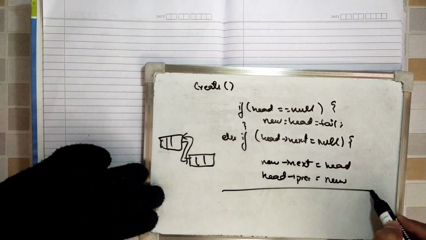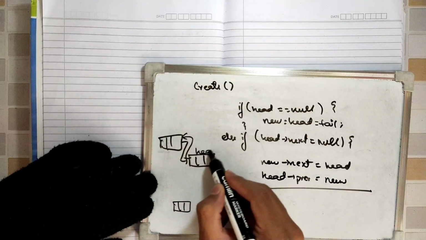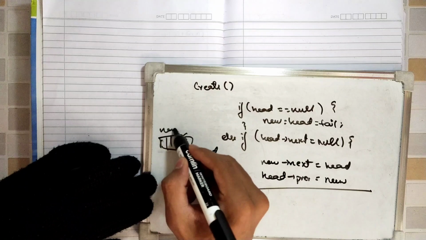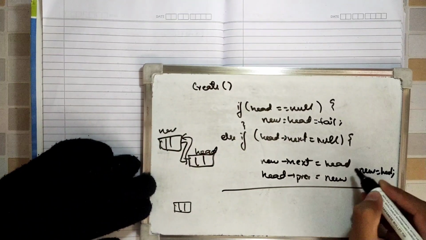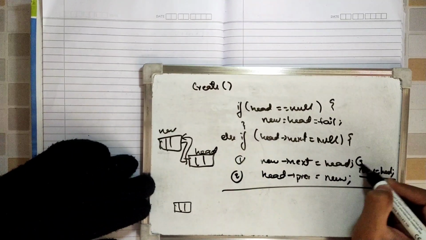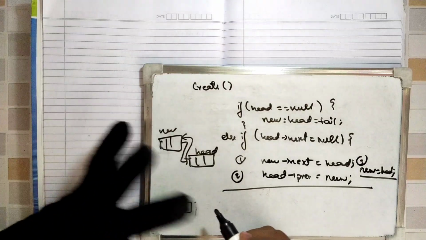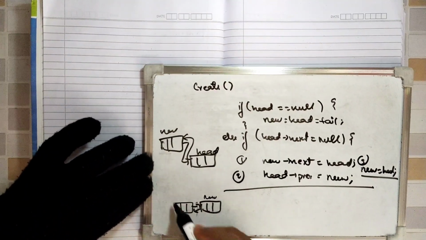Suppose I will divide here, suppose I had to insert, I will say okay head, and this was my new. Here one thing I missed is new equals to head you have to write. Okay, three things you have to write: 1, 2 and this 3. So you will see, if I have to enter at this part, what I will do. Here this is my new node, this is my head.